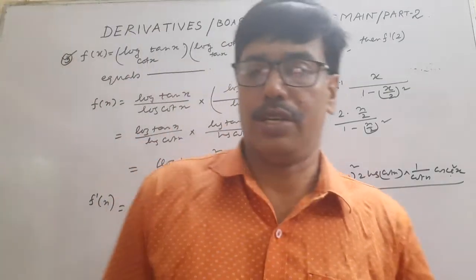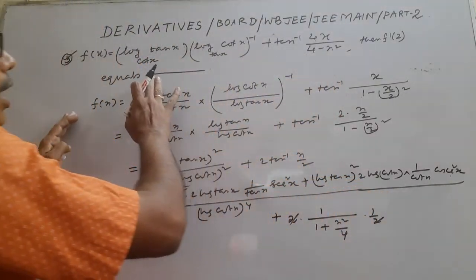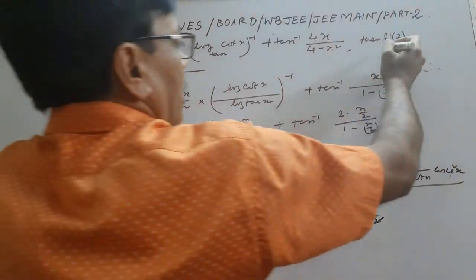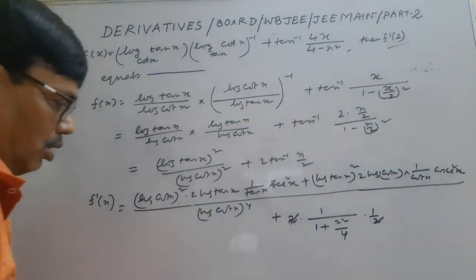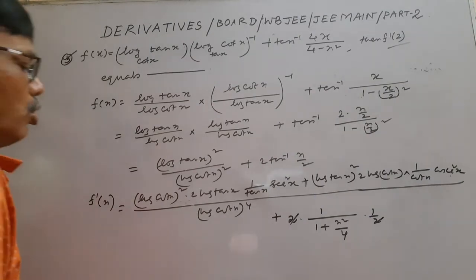So this is the differentiation. Now it will be simplified if we put x equals to, so find f dash 2. Find f dash 2.